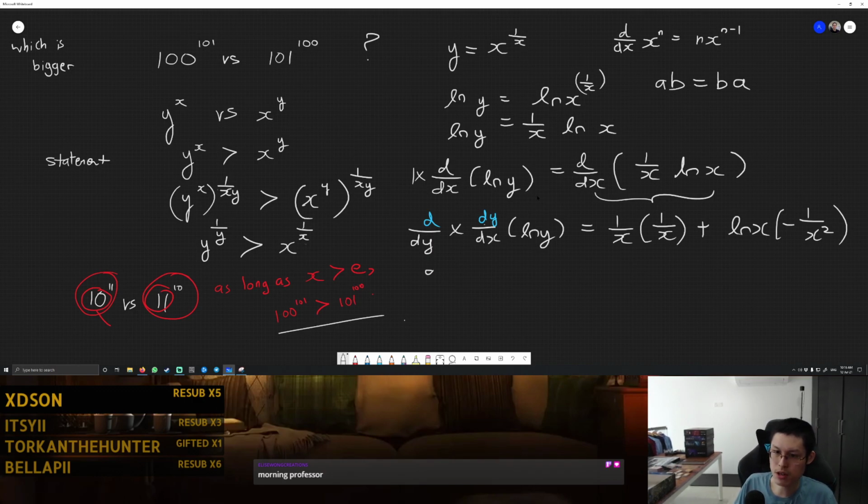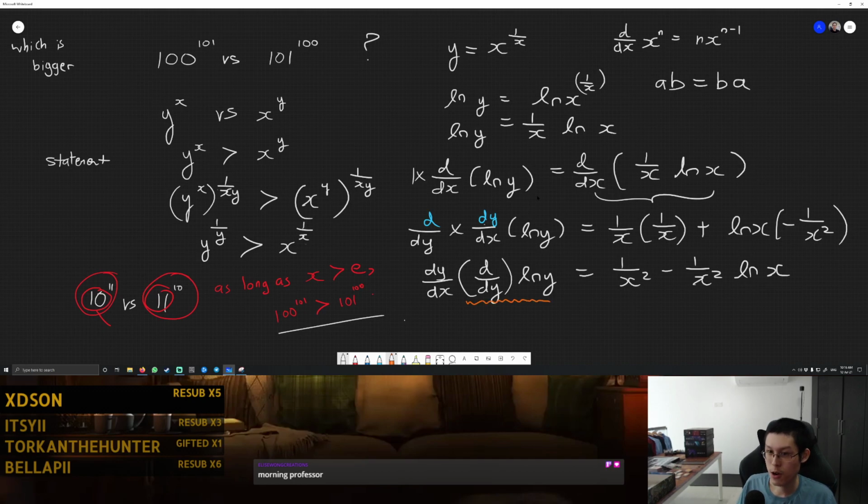So swapping the order, we can have dy/dx times d/dy of ln y. This guy's going to give me 1 over x squared minus 1 over x squared ln x. So if you look at this carefully, you'll see that, wait a minute, we can actually differentiate now. Oh-ho! So what happens when you differentiate ln y? You get 1 over y, right?